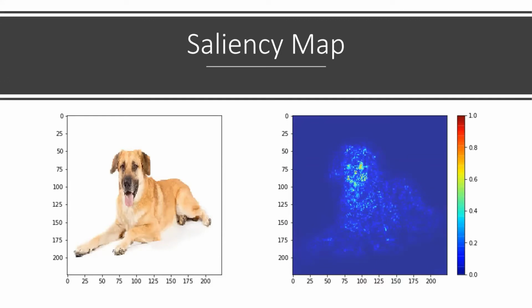What a saliency map essentially does is it computes the effect of each input pixel on the final prediction, and then it displays the most influential pixels in the saliency map. If I consider this example, the pixels around the face are the most influential pixels that affect the final prediction.